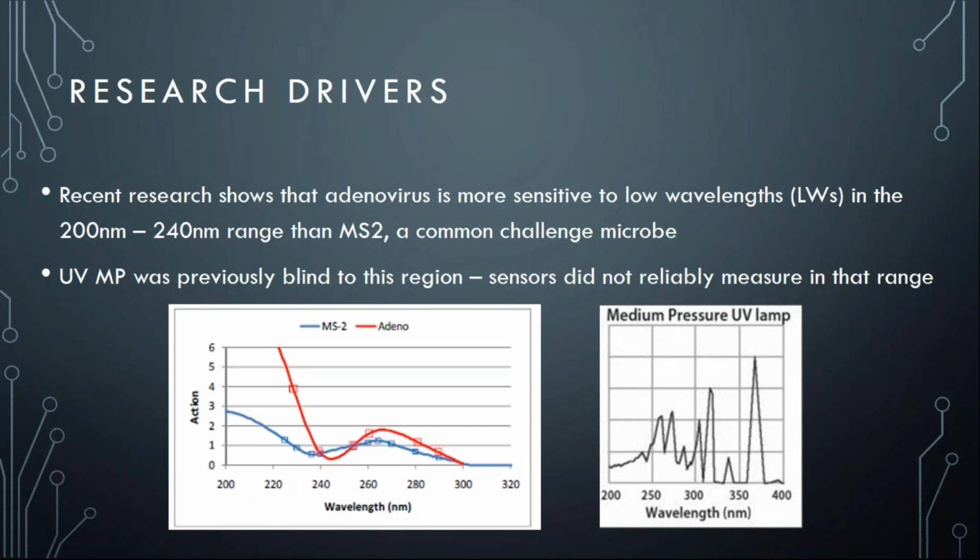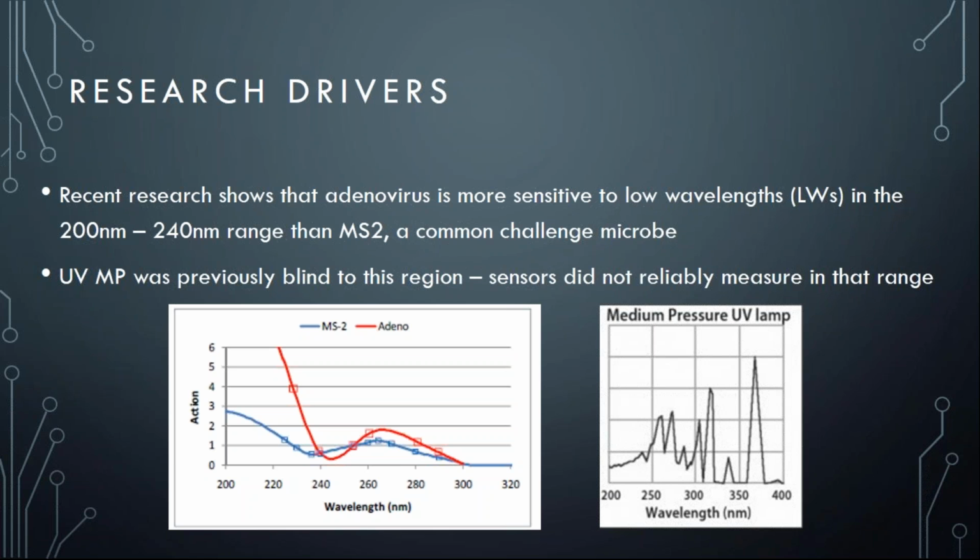So we thought that adenovirus was much more resistant at these lower wavelengths, when in fact it actually isn't. So in theory, if lower wavelengths in the 200 to 240 region could dose adenovirus, it would be able to inactivate it at the 4 log level much more efficiently than we previously thought.